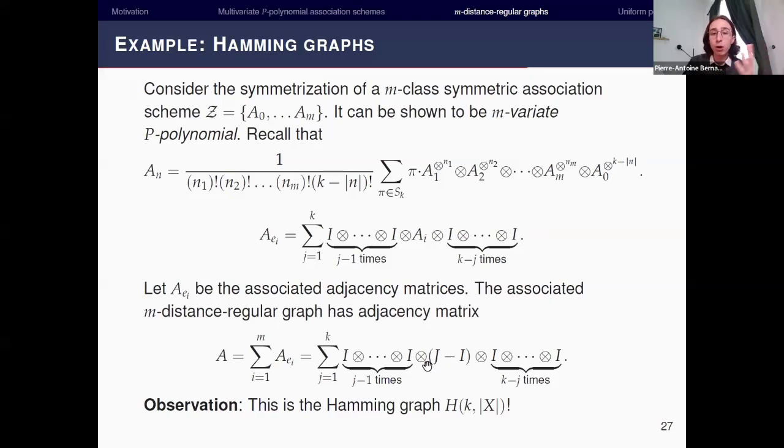And what this gives you, by the property that the sum of the adjacency matrices in this scheme is the matrix J, is that this matrix A will be more or less the adjacency matrix of the Hamming graph.